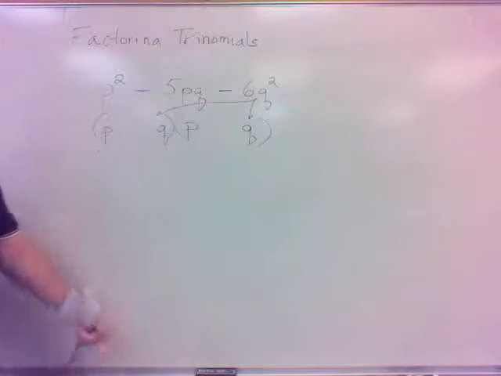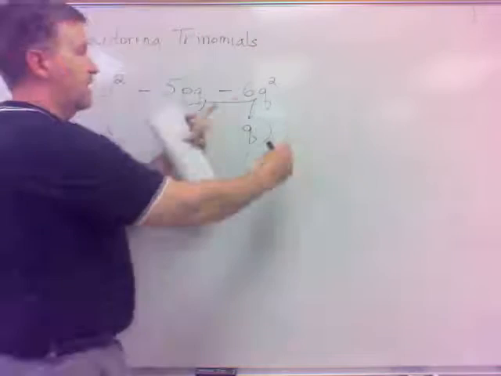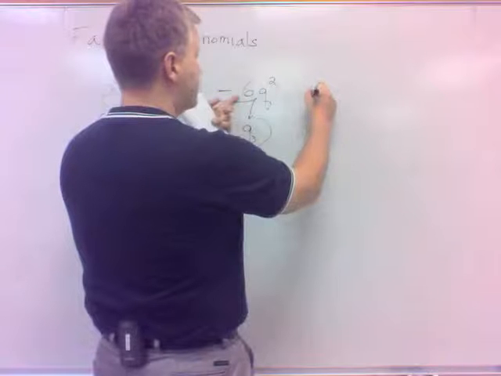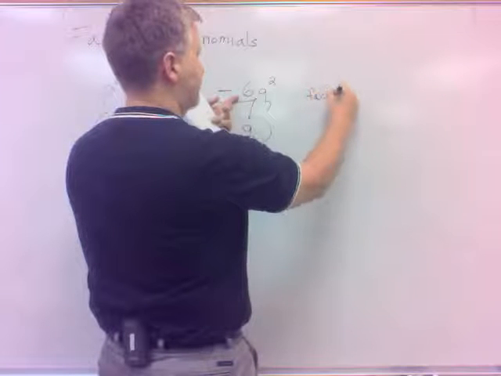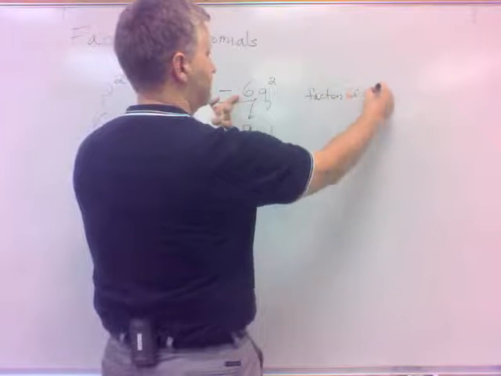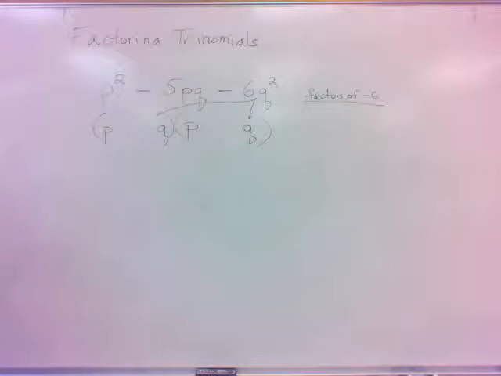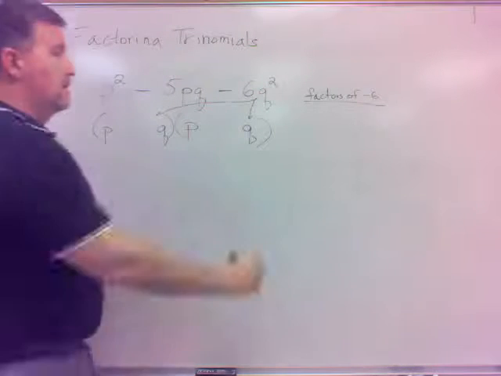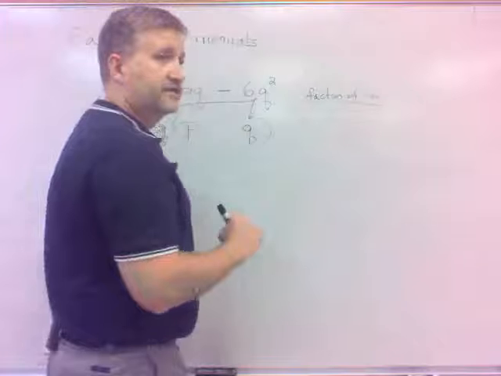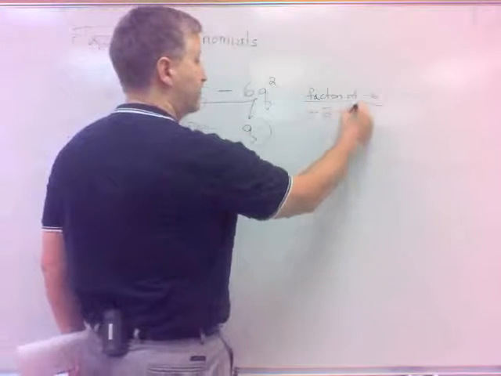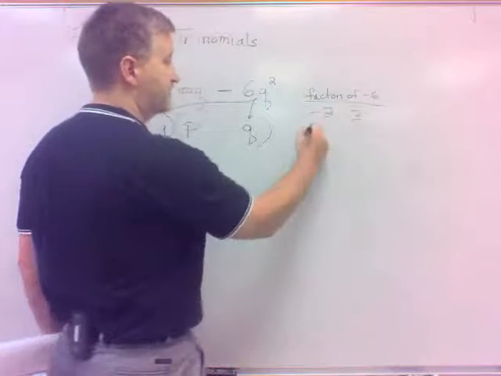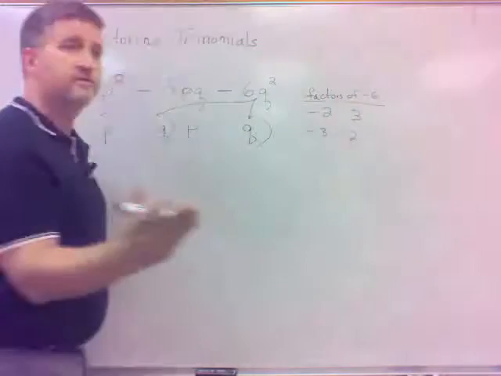Okay, just the same. Now, of course, the numbers, I'm looking at negative 6 to factor, right? Factor pairs there. Negative 6 is 2 and 3. But it's negative 6, so one of them's negative, one of them's positive. So I can do a negative 2 and positive 3 or negative 3 and positive 2. Either one of those going to work out?